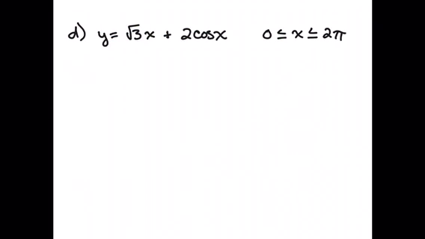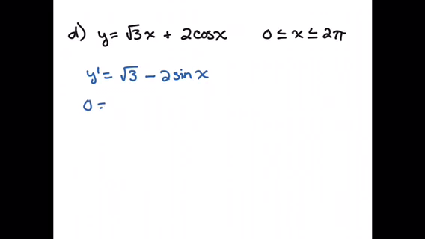All right, one more example. So we want to find the horizontal tangent lines. We need to take the derivative and set it equal to 0. The derivative of the square root of 3x: square root of 3 is just a constant multiple. Derivative of x is 1, so we get square root of 3. Derivative of cosine is negative sine, so this is going to give me negative 2 sine x.